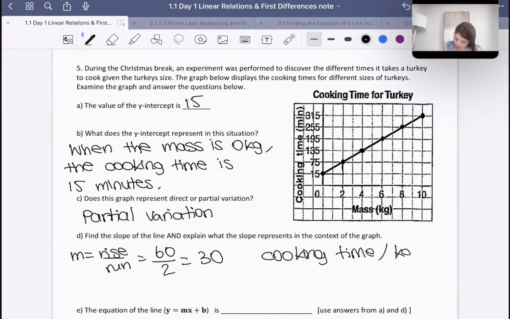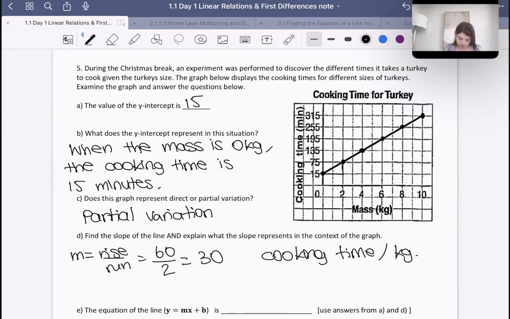Every time we increase the kilograms by 1, every time we cook an additional kilogram, how many additional cooking time minutes do we need? It's 30. So if we added 10 kilograms, we need 10 times 30 more minutes of cooking time. So that's what it represents in this situation.